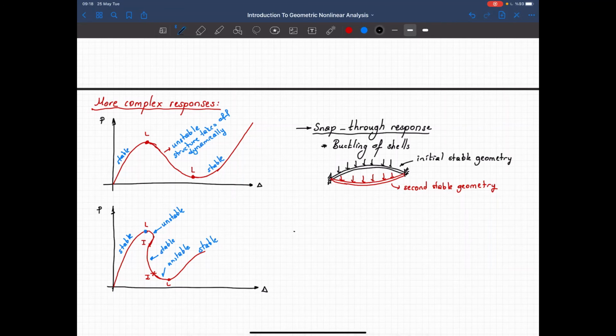This response is called a snap-back response. And we see this response usually in the cracking of concrete.